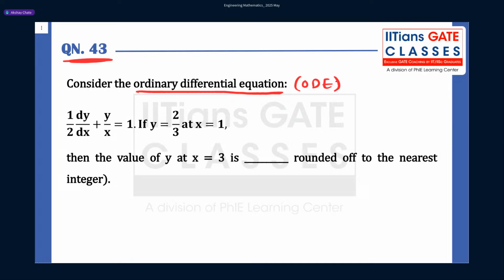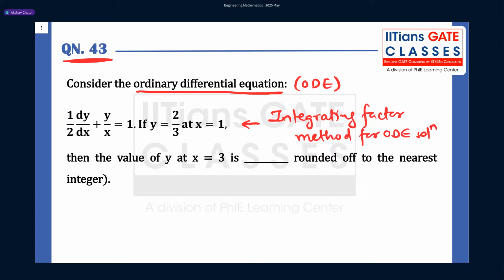Okay, so this is an integrating factor type of ODE. There is one method to solve an ODE which is called the integrating factor method. So maybe I should write that: integrating factor method for ODE.